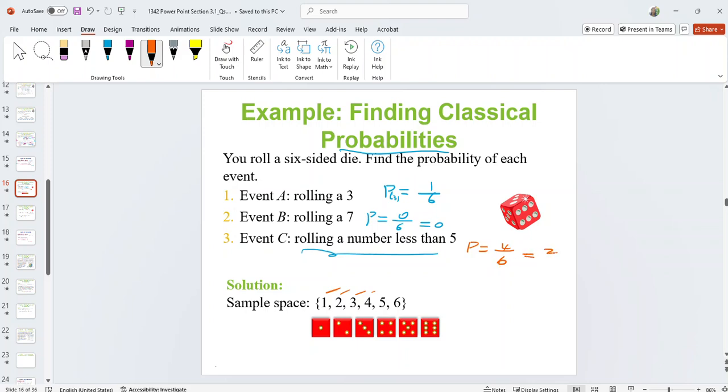All the even numbers can be divided by 2, so numerator and denominator both divided by 2, you get 2/3. If you do not know how to simplify, I'll show you using a calculator later on. That is how you calculate classical probability.